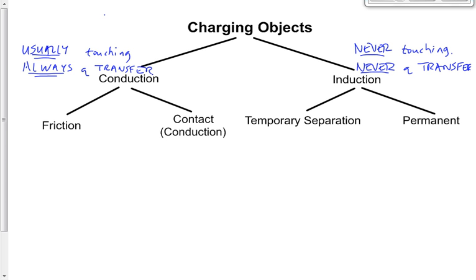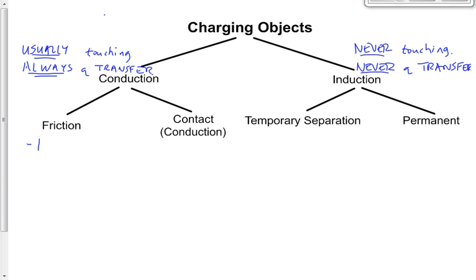If you rub two objects together and one of them has loosely tied electrons, then the kinetic energy is going to be given to those electrons, which is going to cause those electrons to be liberated and go to the other object. So if they were both neutral objects, you rub them together, the kinetic energy causes the electrons to go from one to the other, making one of them negative and making the one that lost the electrons positive. Friction is as simple as that.